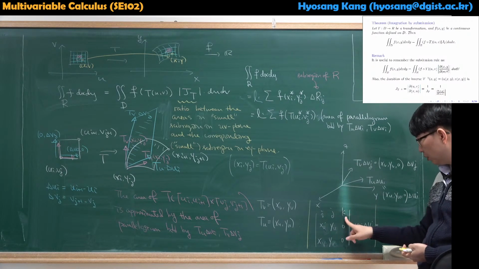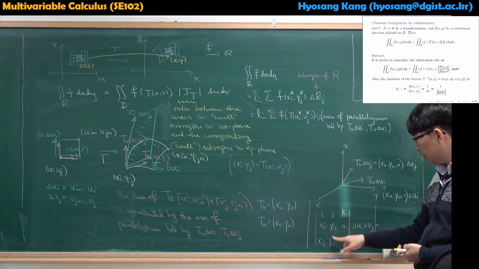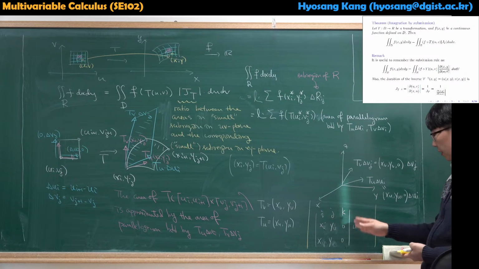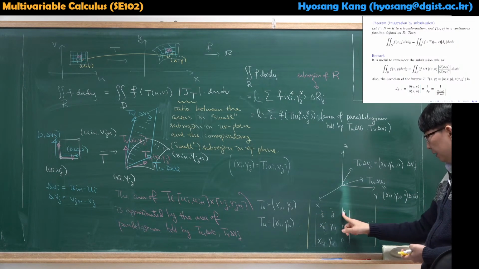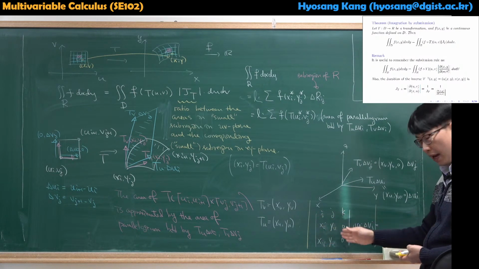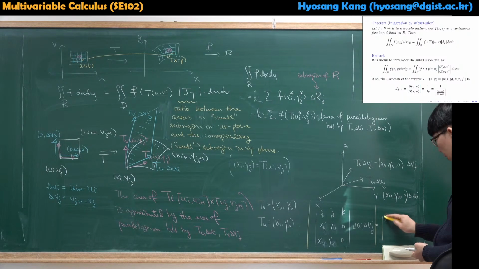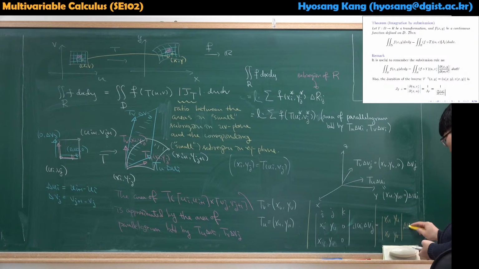So only the coordinate of the k direction survives, which is this term. So the norm of this vector is the absolute value of the k coordinate. So this is the determinant of xu, yu, xv, yv, times delta ui, delta vj. Okay.